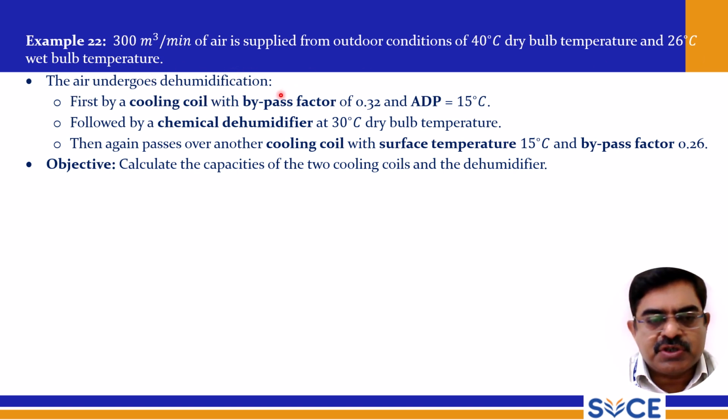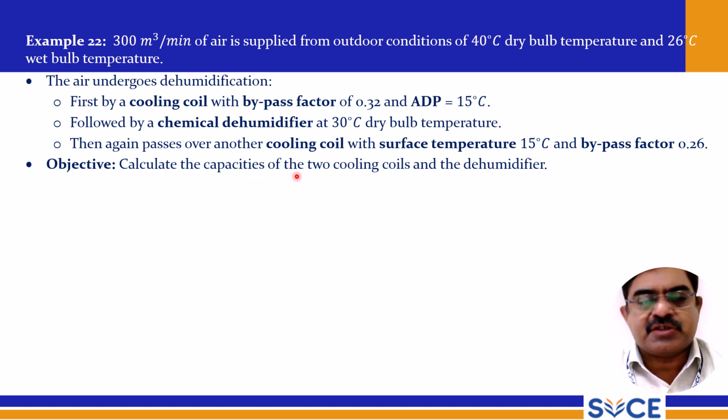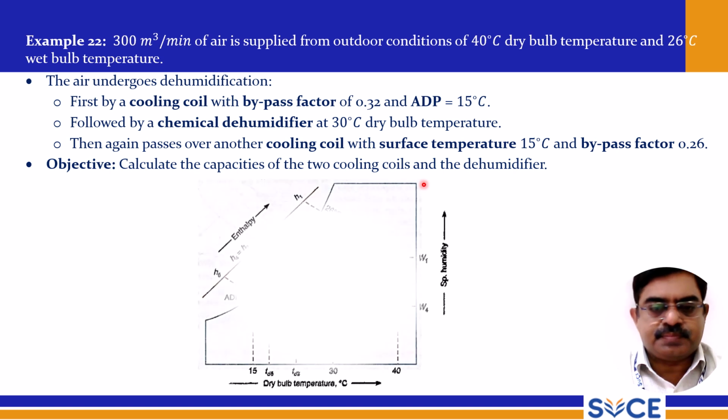The air undergoes dehumidification first by a cooling coil with bypass factor 0.32 and ADP equal to 15 degrees Celsius, followed by a chemical dehumidifier at 30 degrees Celsius dry bulb temperature, then again passes over another cooling coil with surface temperature 15 degrees Celsius and bypass factor 0.026. We have to calculate the capacities of two cooling coils and the dehumidifier.